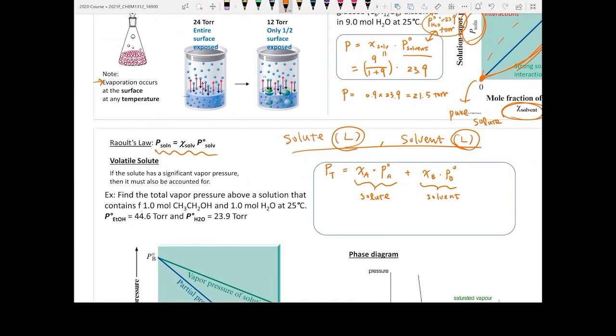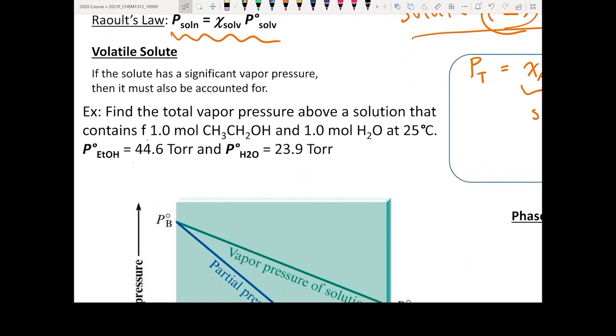Let's do some practice. Find the total vapor pressure above a solution that contains 1 mole of ethanol and 1 mole of H2O. The vapor pressure of pure ethanol is this value. The vapor pressure of pure water is that value. Every time you see these little circles on top of a symbol, it means a pure substance, so here it means pure ethanol and pure H2O.